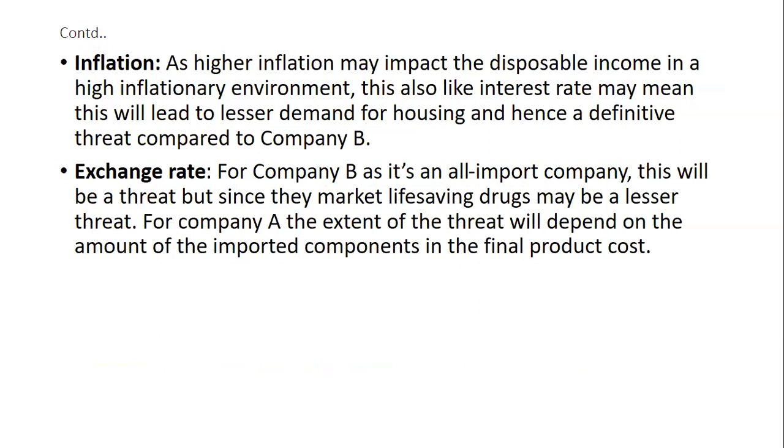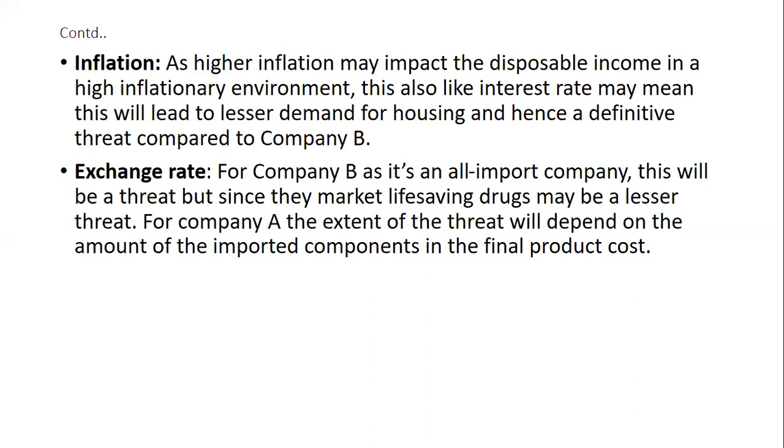When the price levels of goods and services are constantly going up while your earnings are constant, then when inflation is high, what happens with the same earning? You have to spend more money to buy the same basket of goods, right? But how does it affect in that scenario? See, higher inflation may impact disposable income.